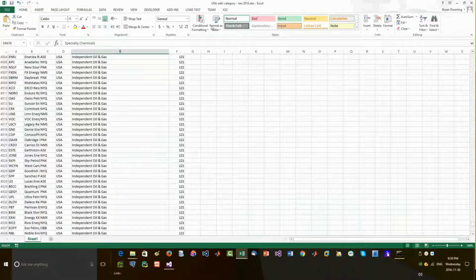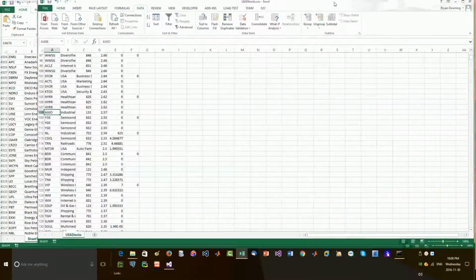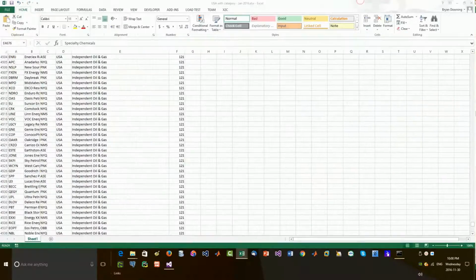Out of that, I am now able, with the magic of XLQ and IQFeed, to generate another file of the entire market. So let me just show you something here.